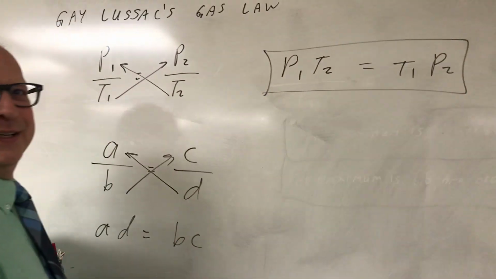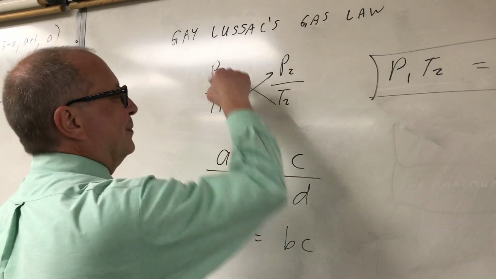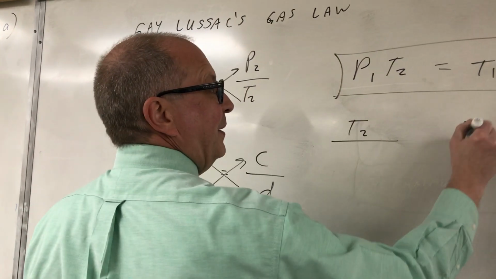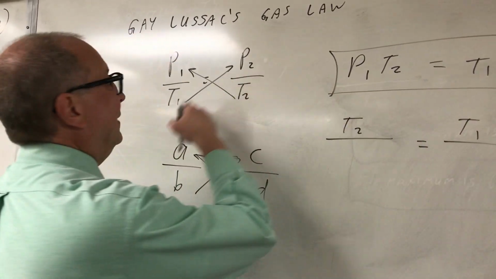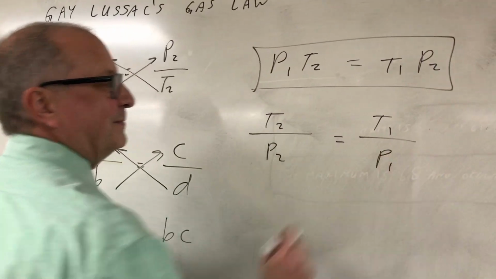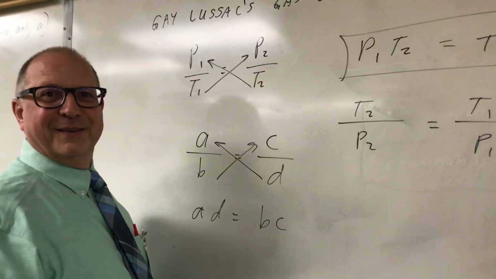It's got to look like this. Which means I can move things around. So I can put the T sub 2 up here, and I can put the T sub 1 up here, and I can put the P sub 2 down here, and I can put the P sub 1 here. When you cross multiply, you get the same thing, correct?